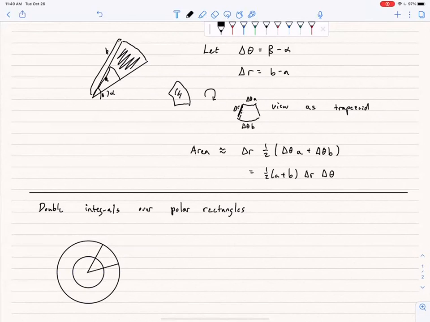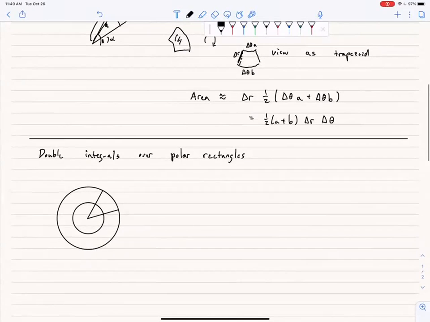And I want to integrate over this polar rectangle. So this polar rectangle is right in here, and I want to integrate a function that is defined on it. So I'll have some function f(r, theta) defined on R.